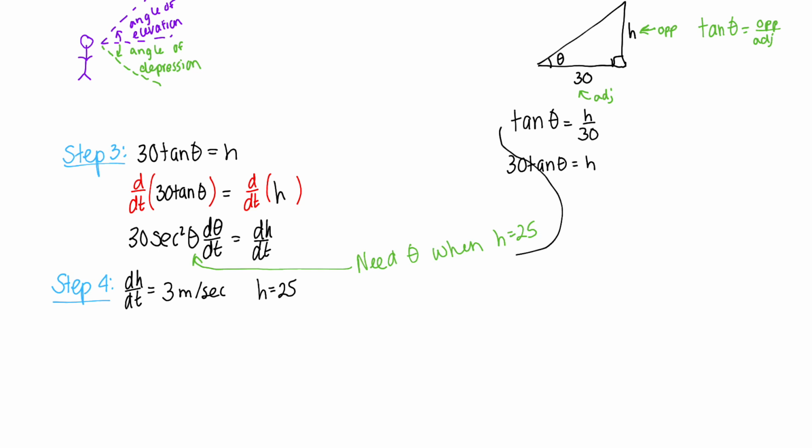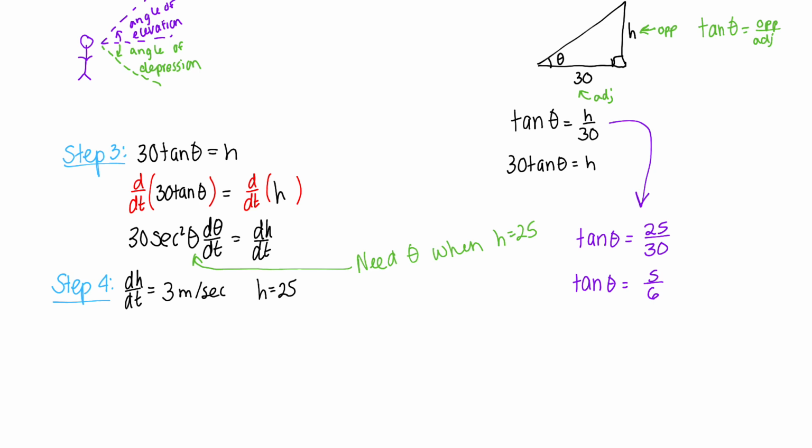The pro tip is we can use this formula here. So h is 25, so we have tan theta is equal to 25 over 30, which if you really want to reduce that, you can reduce that down to 5/6. Then to get theta by itself, you take the inverse on both sides.